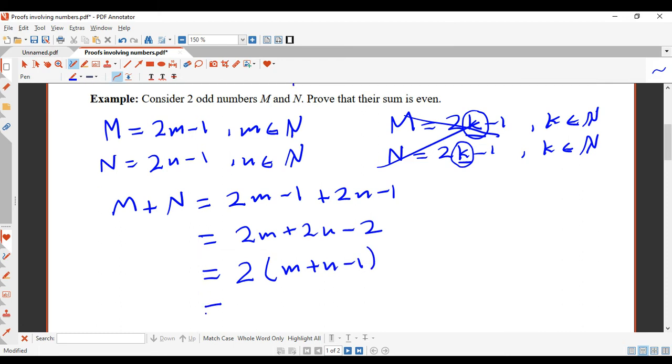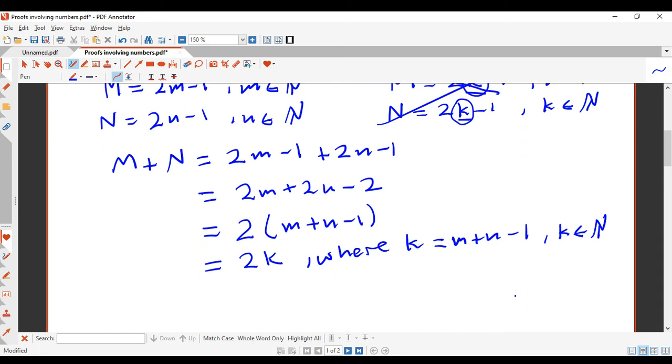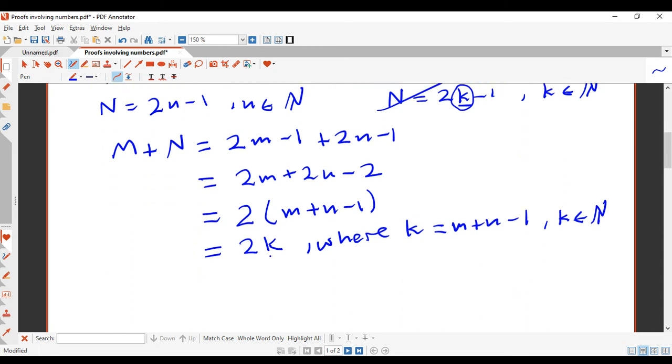We can say that's equal to 2k, where k is equal to m plus n minus 1, and k is an element of the natural numbers, since m and n are natural numbers. So we've shown that it's of the form 2k, which means the sum m plus n must be an even number because it's a multiple of 2.